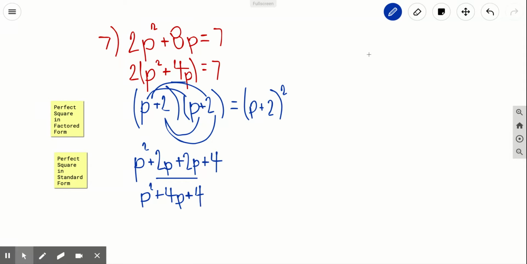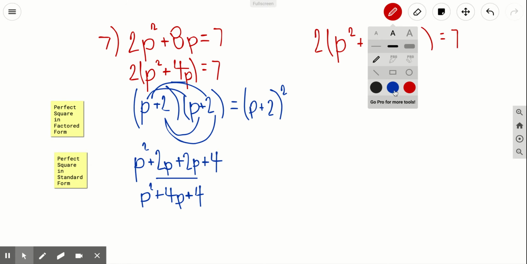Okay, so at this point, you are ready to go back to your original expression, 2p squared plus 4p equals 7. Remember, your goal is to include your perfect square in standard form in your original equation.